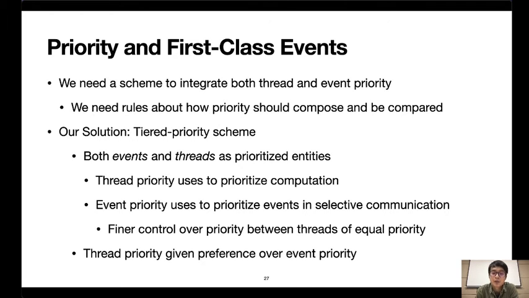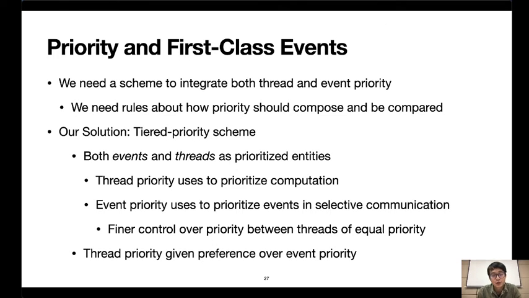Thread priority is used to prioritize computation, and event priority is used to prioritize events in selective communication. The goal of event priority is to give finer control over the priority between threads of equal priority. And the important part of this tiered priority scheme is that thread priority is given preference over event priority.